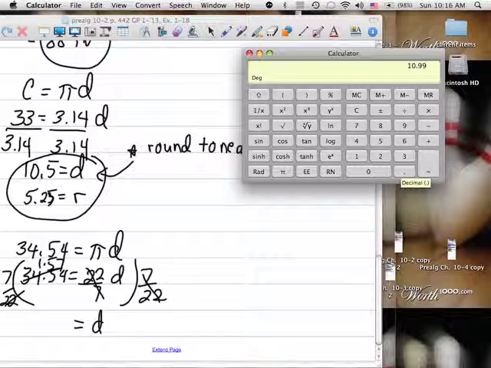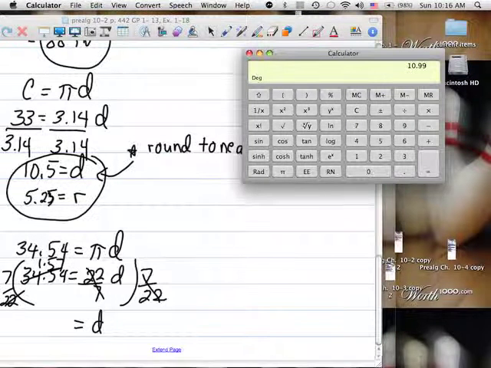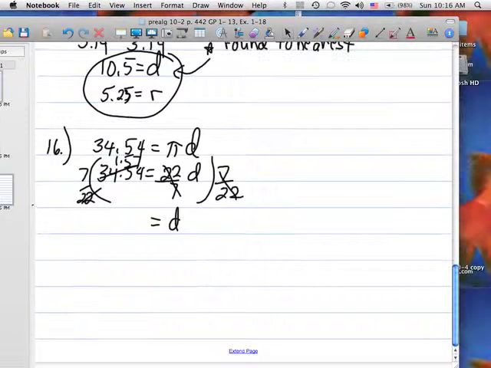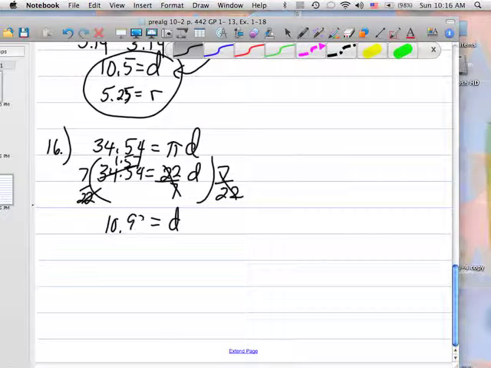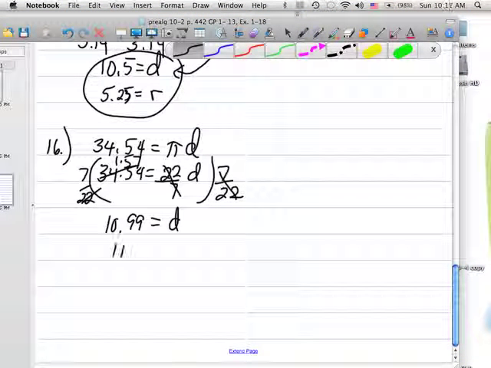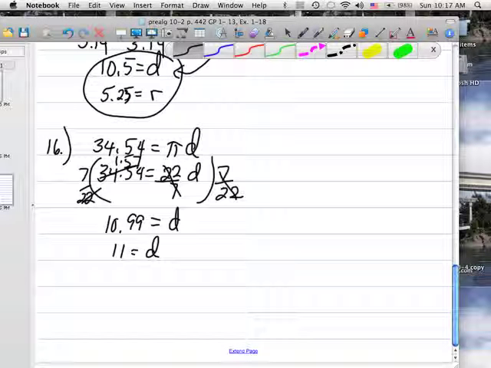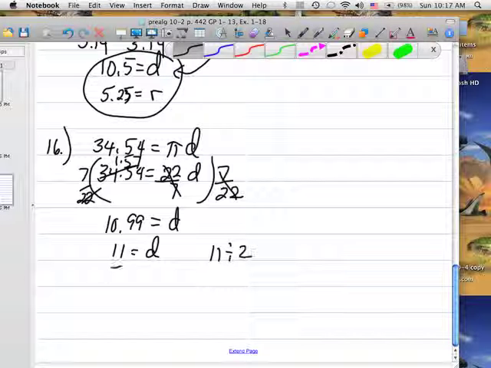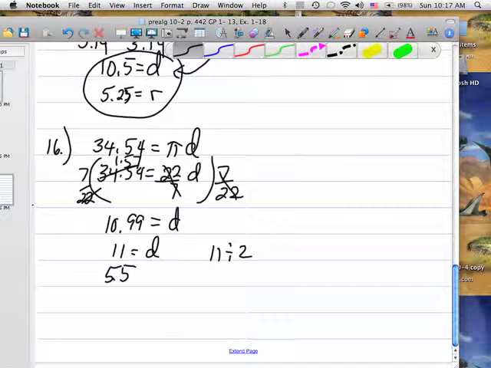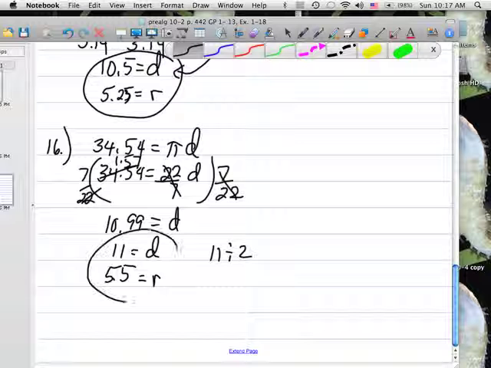And I get 10.99, which rounds to 11. So the diameter is 11. Divide that by 2, and we get 5.5 equals the radius.